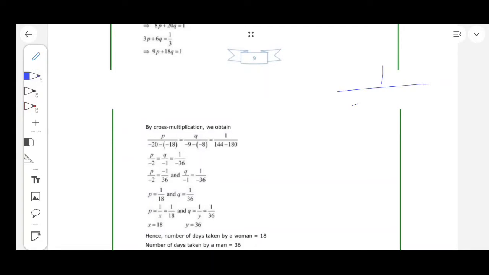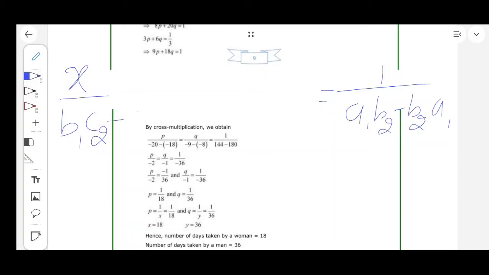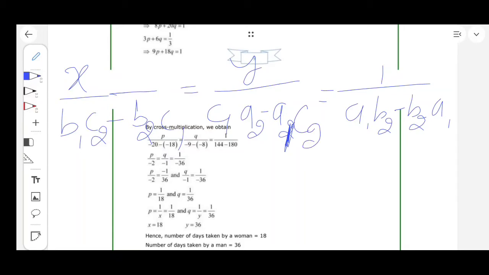Formula is 1 upon a1 b2 minus b1 a2 is equals to x upon b1 c2 minus b2 c1 is equals to y upon c1 a2 minus a1 c2. Okay, so this one is the formula. We'll use this formula, and using this formula we can find the relation. Let's see.